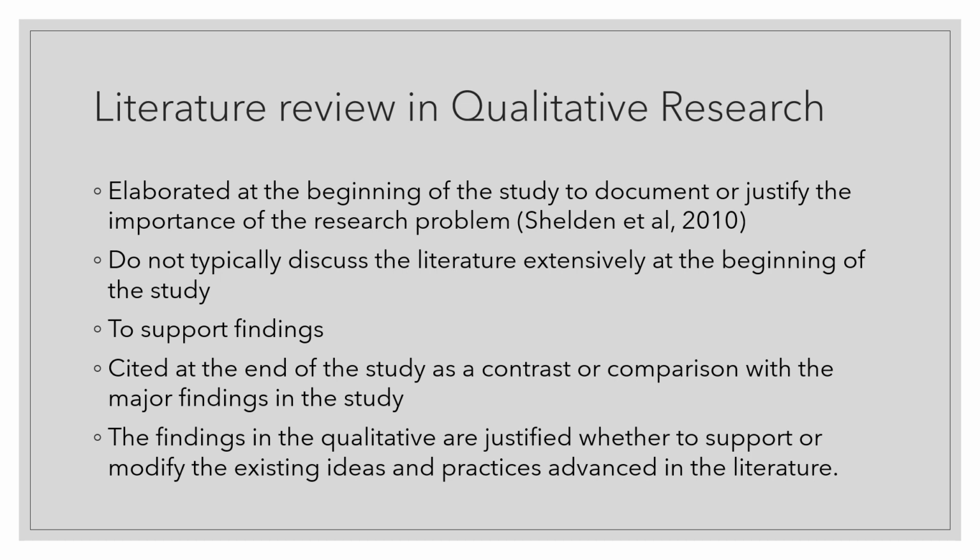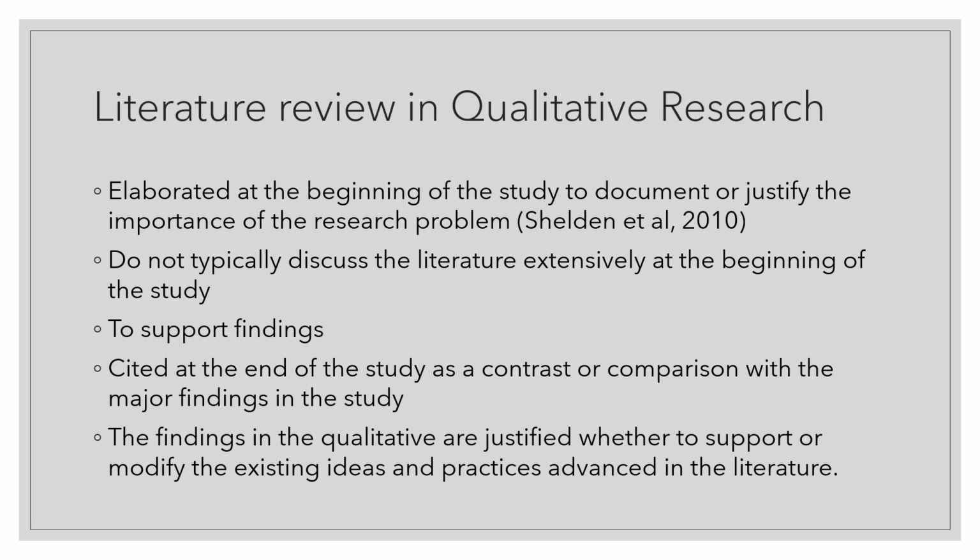Because its role is to support the findings, and it is cited at the end of the study to contrast. So we can find a very rich explanation in the discussion, because the review of literature can be found here by citing some of the references or some of the sources in the discussion to see how it contrasts with the previous one, and then you can also compare your finding with the previous one, whether it supports or it modifies.